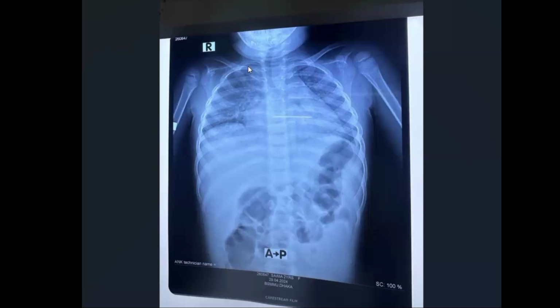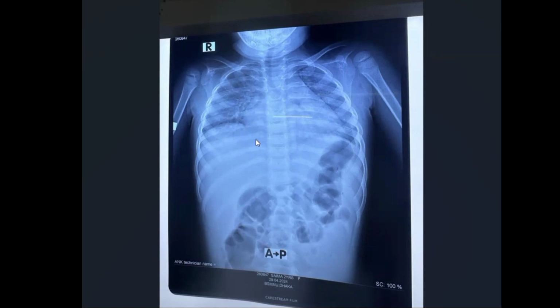And when the lung field crosses anteriorly 6 ribs, then it is called hyperinflation of the lungs. It may be pneumothorax or maybe bronchiolitis. Okay, so if we again count the ribs anteriorly, we say first rib, second rib, third rib, fourth rib, fifth rib, sixth rib. Here lungs are not hyperinflated.